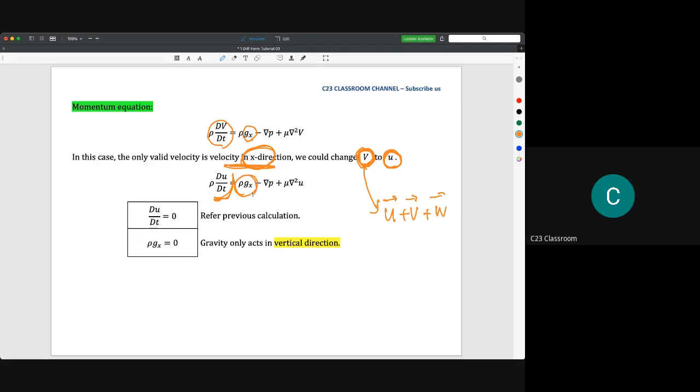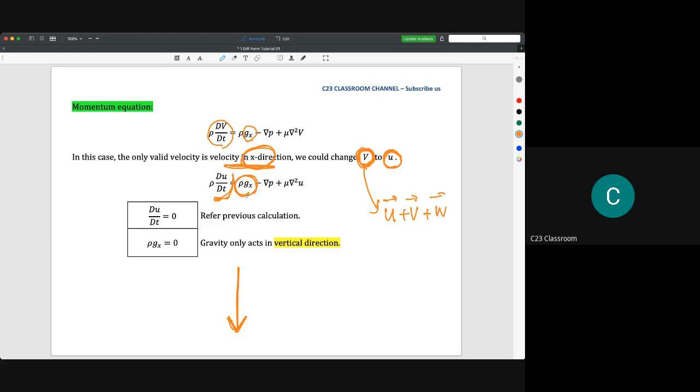So here we could assume that the gravity acts only in the y direction. Gravity will pull something to the center of Earth, so the gravity only acts on the y-axis. So the value of rho gx will become 0 later on.